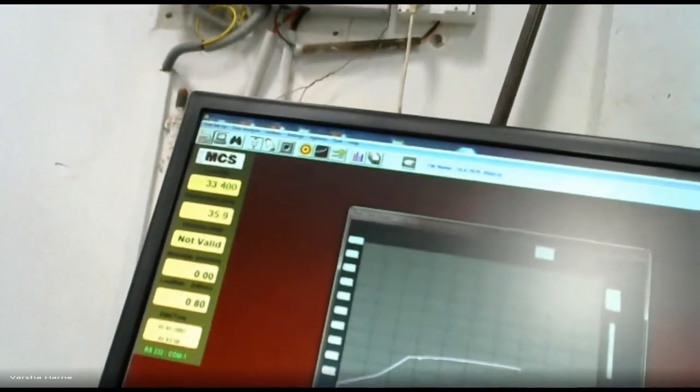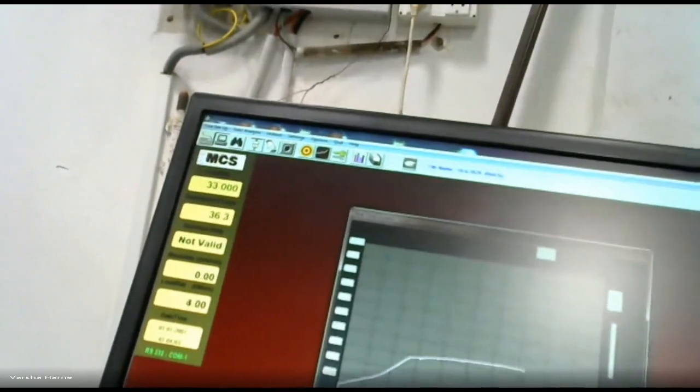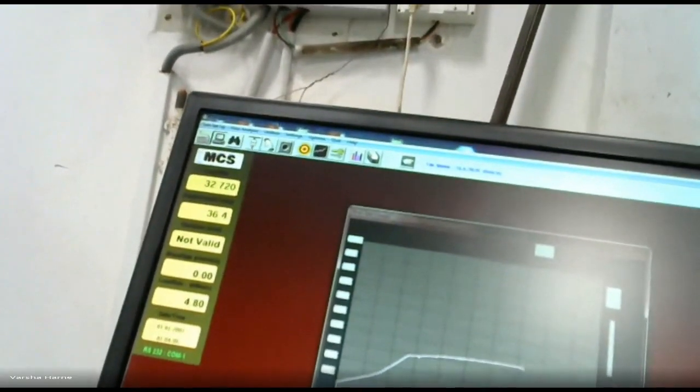Now see the value of load, which is reduced now. The graph goes on the downward side. Then again it is increased.